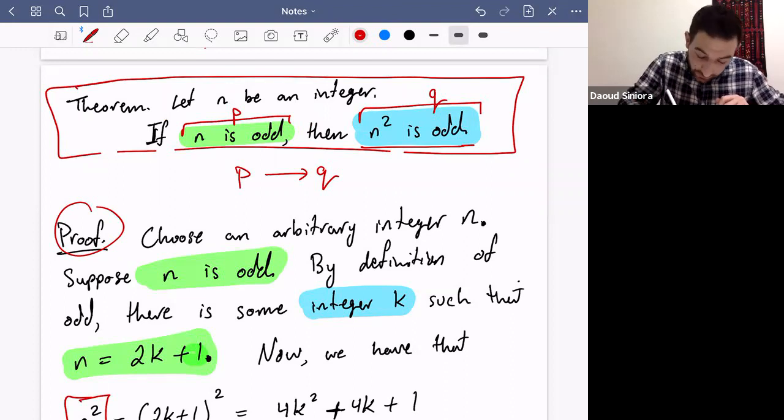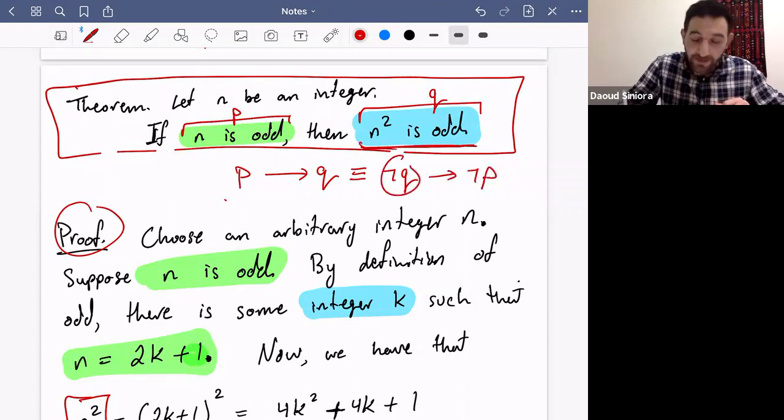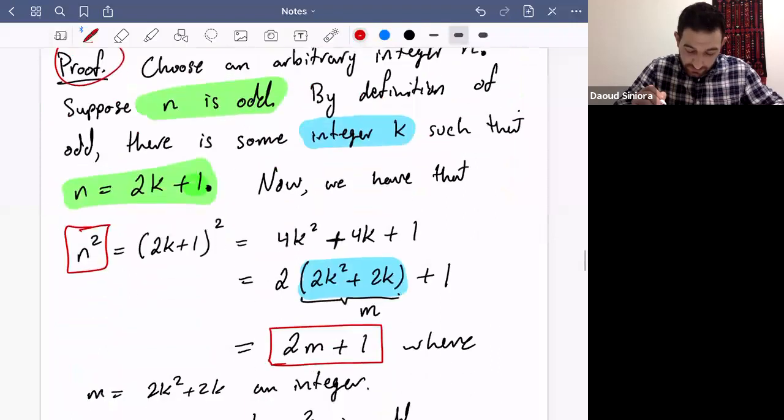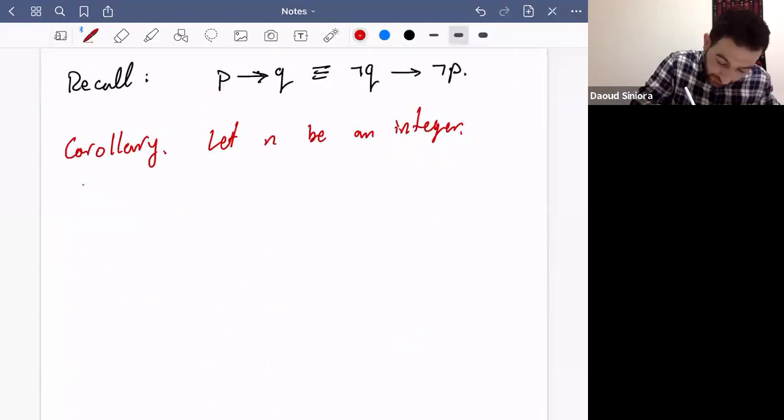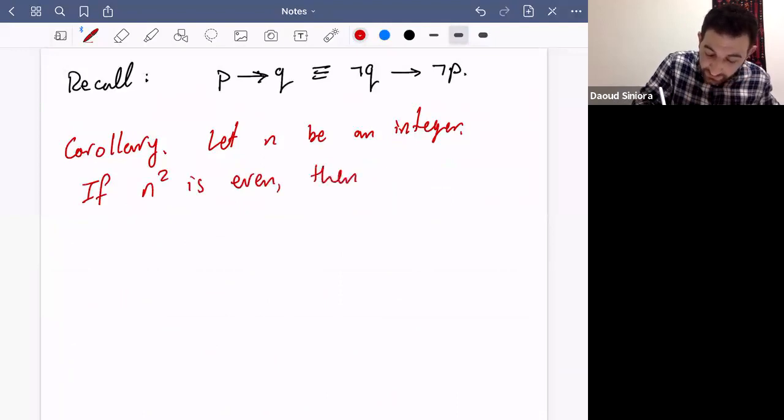So not Q means n squared is not odd, which means n squared is even, implying not P, that n is not odd, n is even. So let's write it down here. If n squared is even, then n is even.